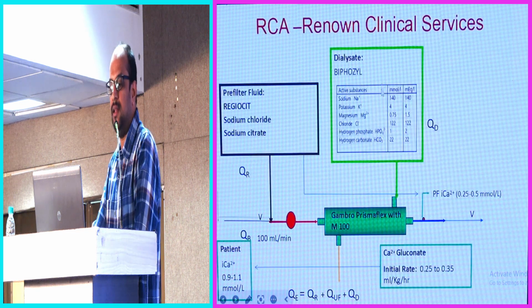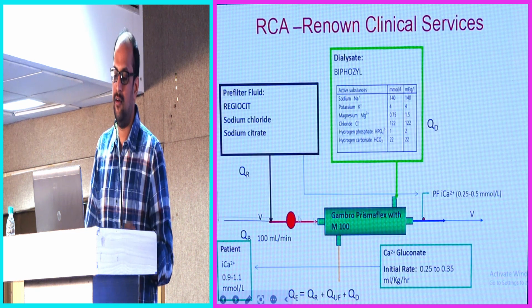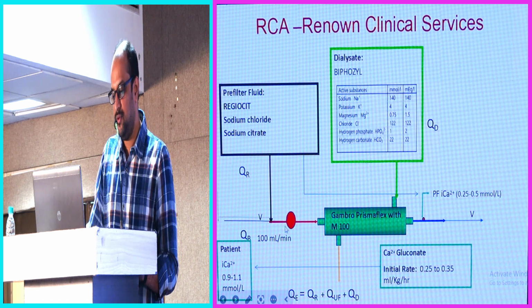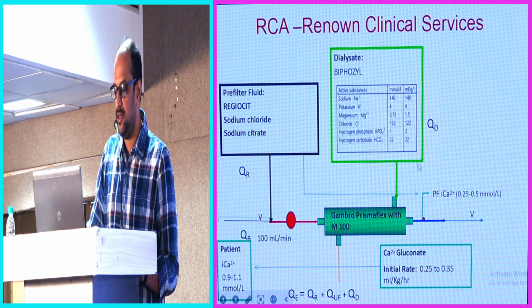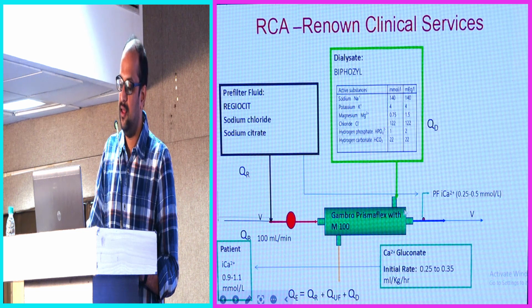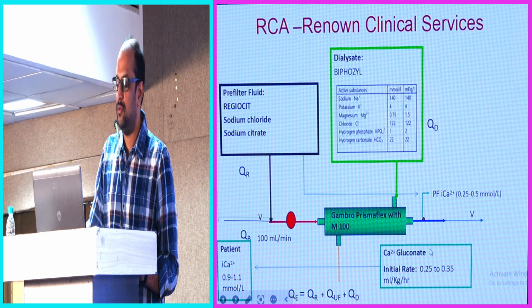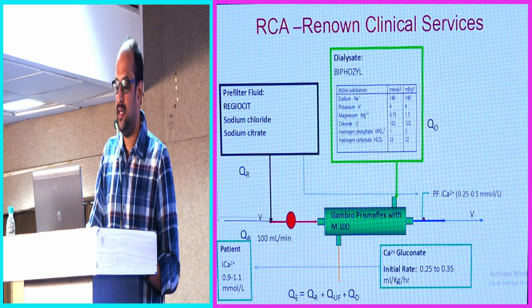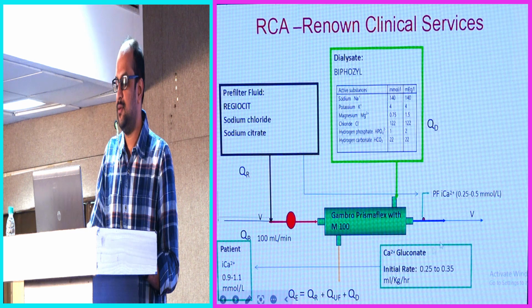This is our renal clinical services protocol, that we are using in our hospital. We give pre-filter replacement fluid Residuocit. It contains sodium chloride and sodium citrate. It is given before the filter, and we will give dialysate as Bifossil. It will be given away from the filter, and we may need to give calcium supplementation by a separate venous line, or we may give it just by adding a three-way connector to the venous limb, and we may need to infuse calcium gluconate there.